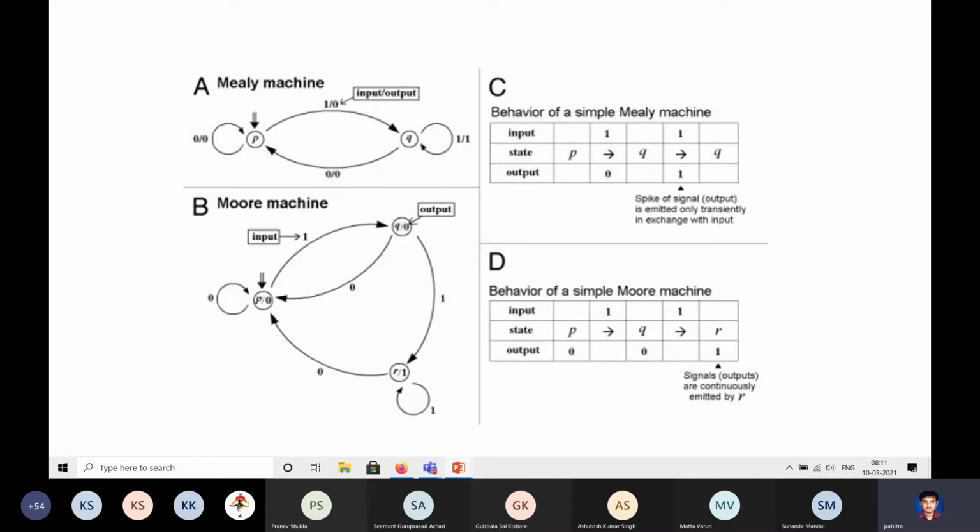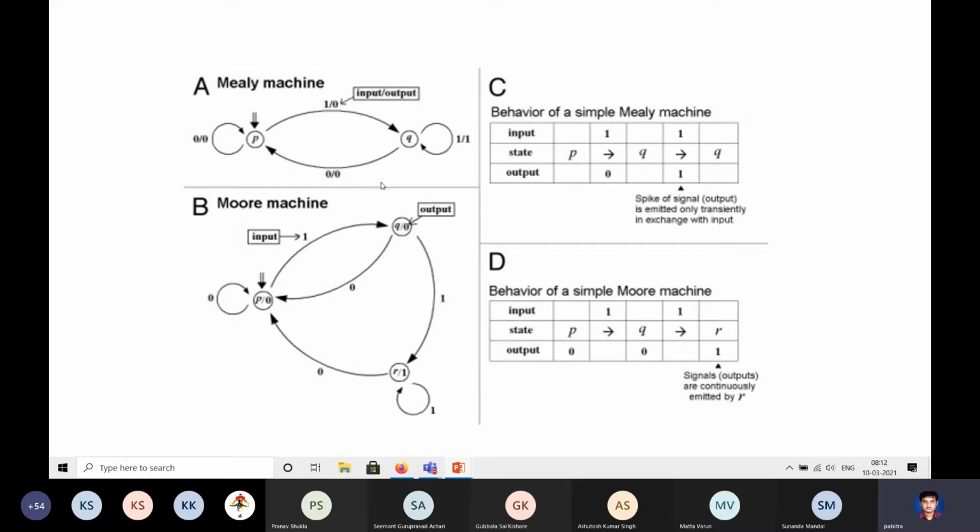If we look at the state transition diagram in a Mealy machine, we had a set of states P and Q here. We had a set of transitions from P to Q, and the transitions happened on inputs. So if you are in P, if you get an input of 1, you move to state Q. If you are in Q, you get an input of 0, you move to state P. So the transitions happen on input, that's fine.